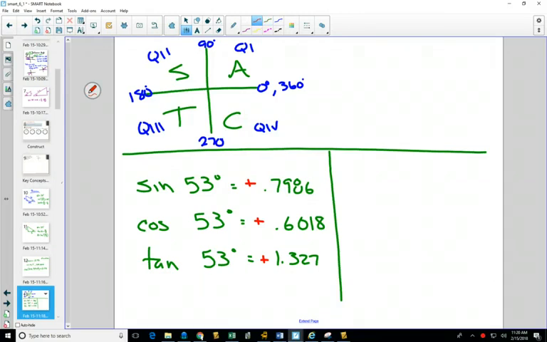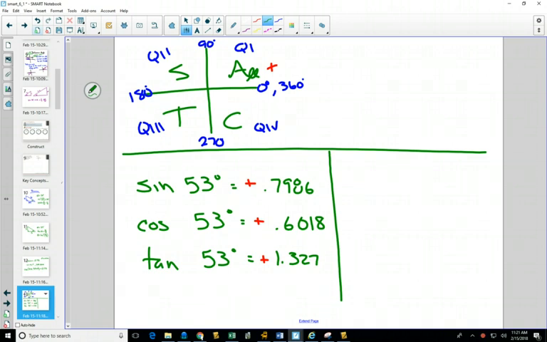That's what this A stands for here. That A stands for all four of them. Four of them? Wait a minute. All three of them are positive. By the end of this unit, we'll say all six of them, but we're not there yet. So far, just 3. All 3 of them are positive in that quadrant.